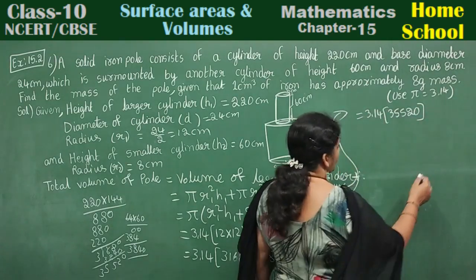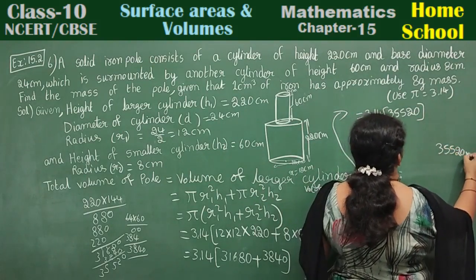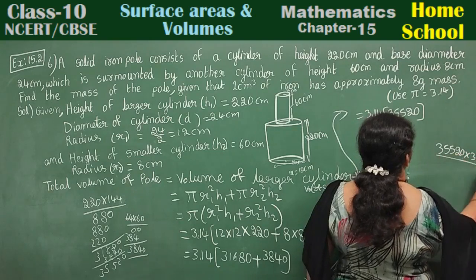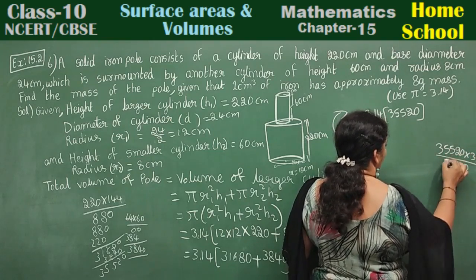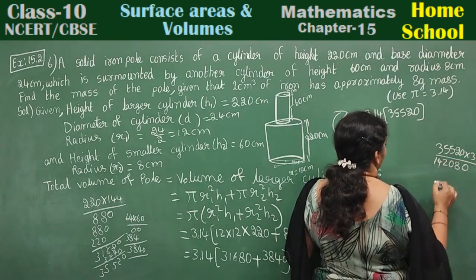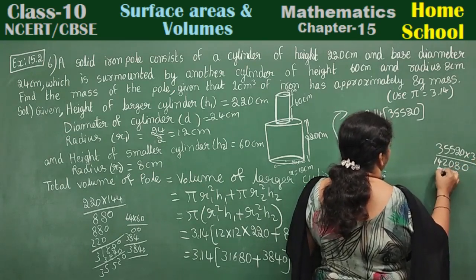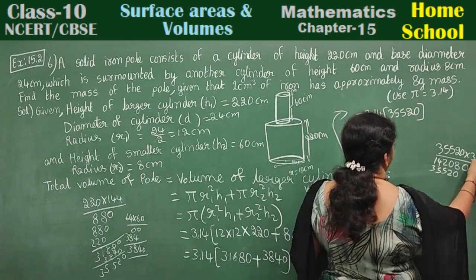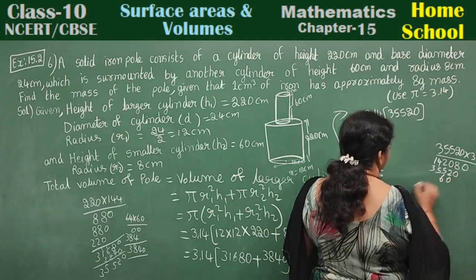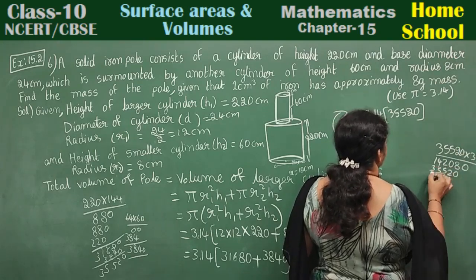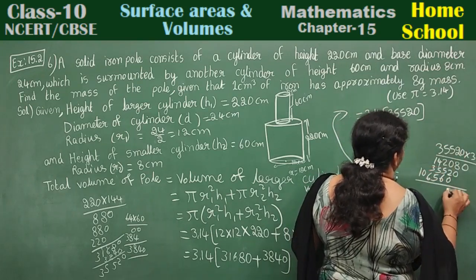Again, we need to do the multiplication, the calculation part here. 35520 into 3.14. 4 zeros are 0, 4 twos are 8, 4 fives are 20, and so on. Then multiply with the 3. 3 zeros are 0, 3 twos are 6, 3 fives are 15, 3 threes are 9.